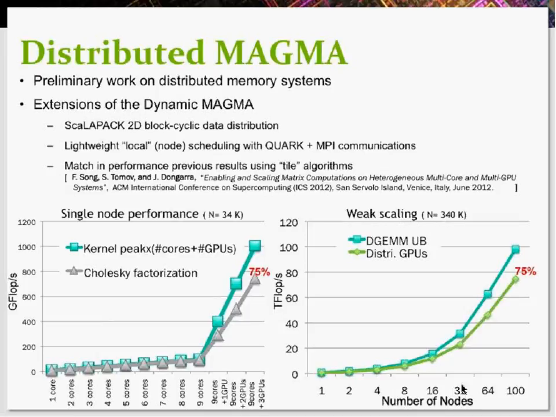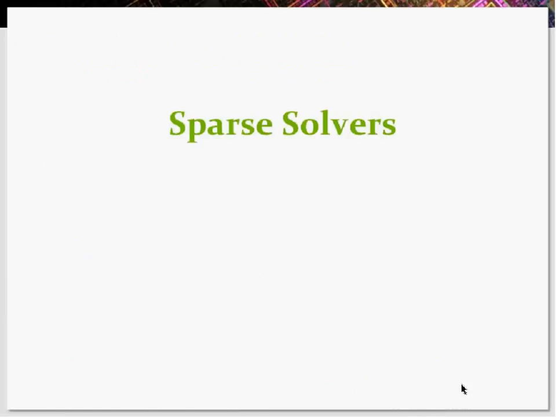And there were 3 cores linked to 3 GPUs. So compared to the peak, whatever we could have gotten from BLAS only, we get 75% of the peak. If we move it, we get perfect scalability, we get 75% of peak on 100 nodes. To conclude the discussion on dense, where we get very high performance.